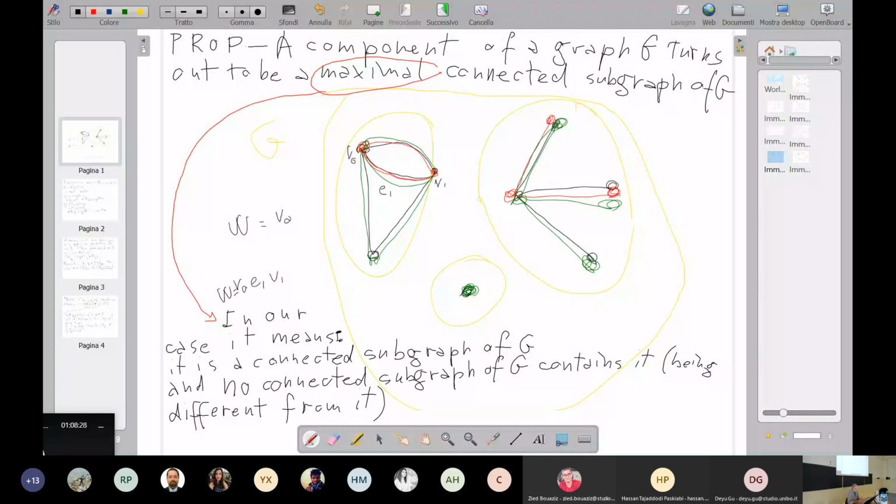So contains it properly, we say, a proper supergraph, meaning a subgraph which contains the subgraph we are talking about without being equal to it.